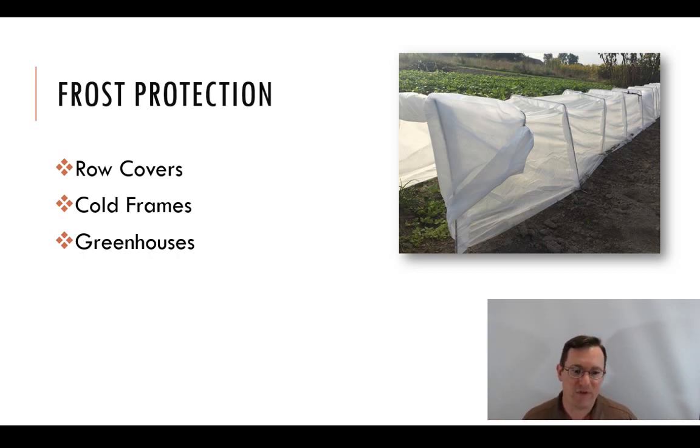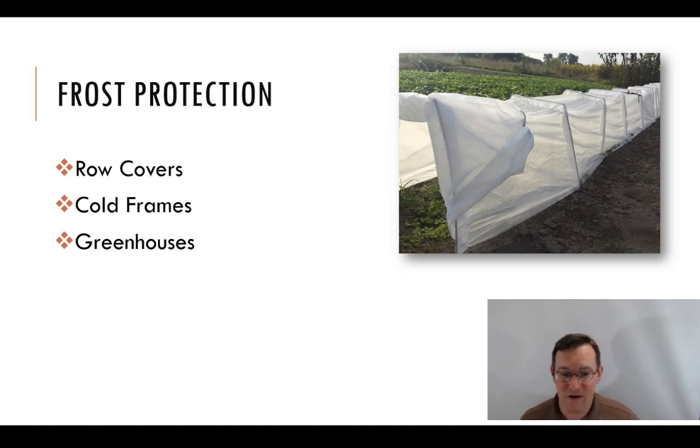Now once we start getting into frost, I can close that up on the ends, and it'll help protect them from the frost. That'll extend the growing season a little bit. If you want to go even further, you can build something like a cold frame that's basically like a miniature greenhouse.